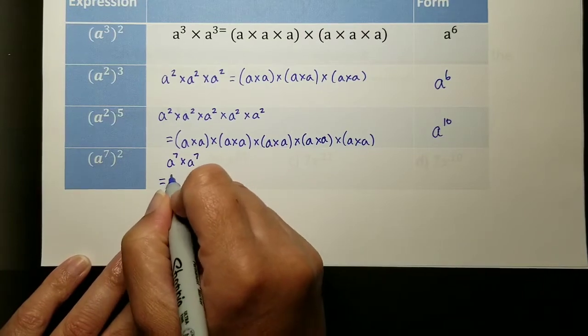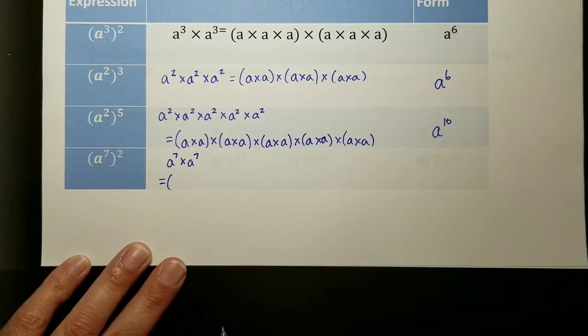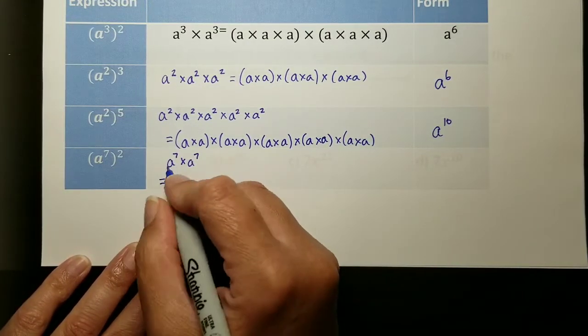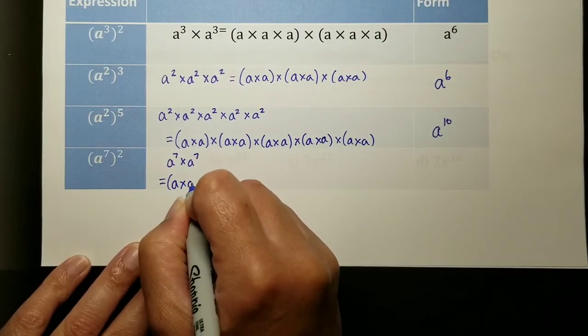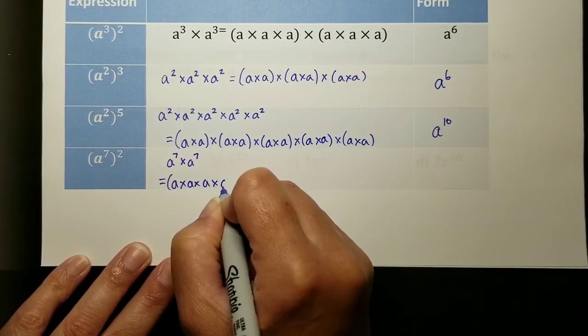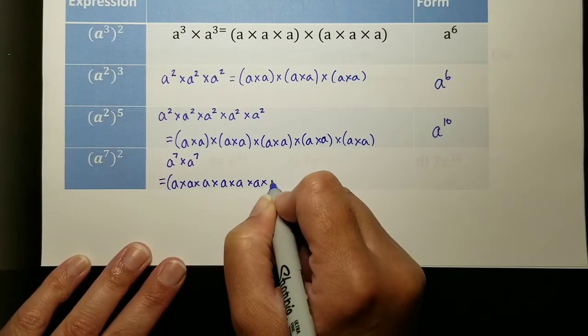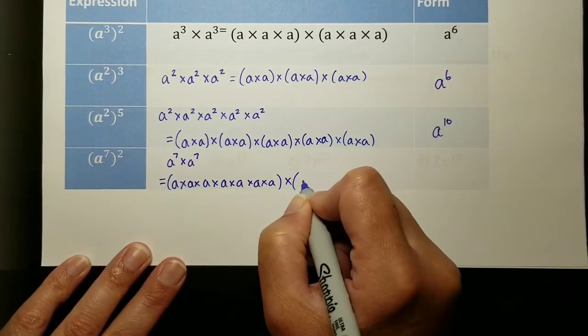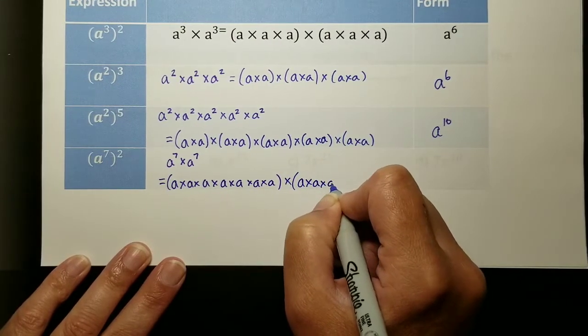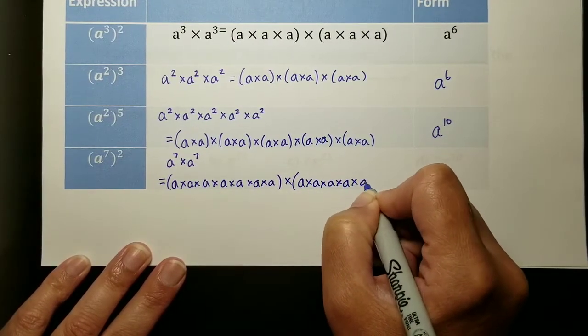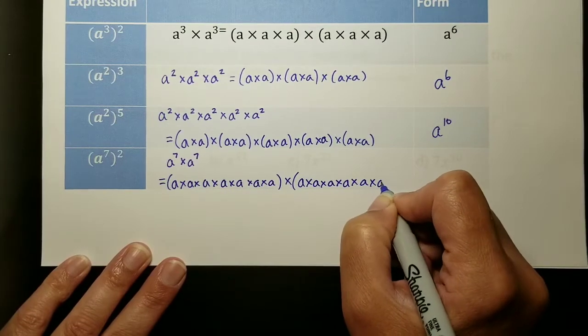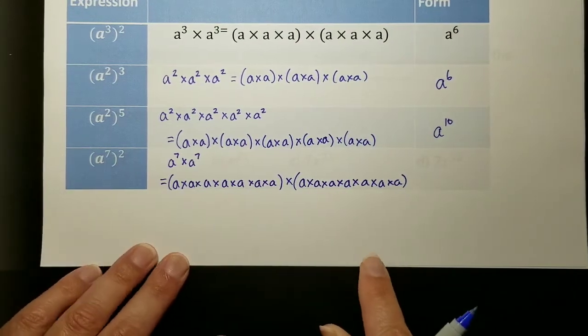And then again, I'm going to need 2 lines to expand this out because each one of these is going to be a times a 7 times. 4, 5, 6, 7. And then again. Oh, that's a lot of a's.